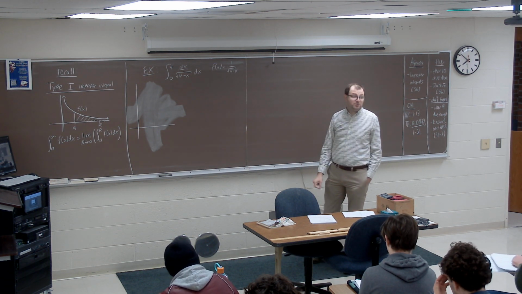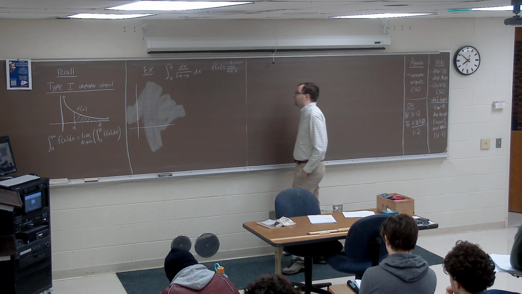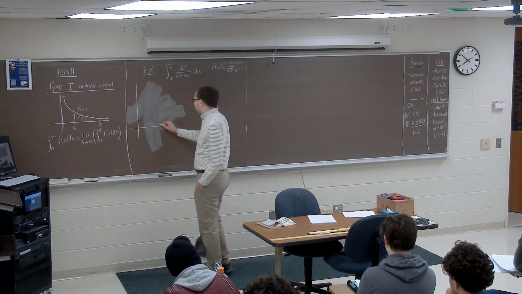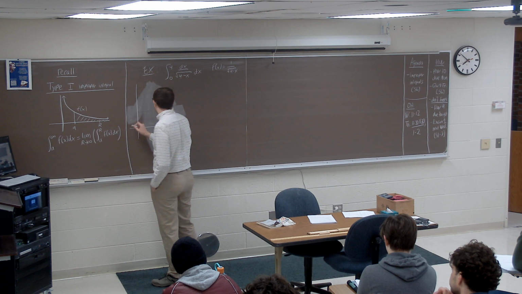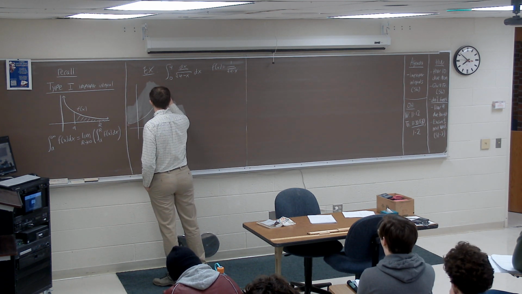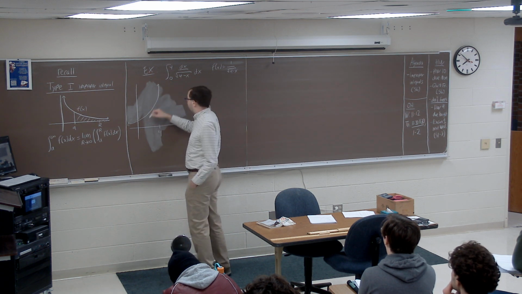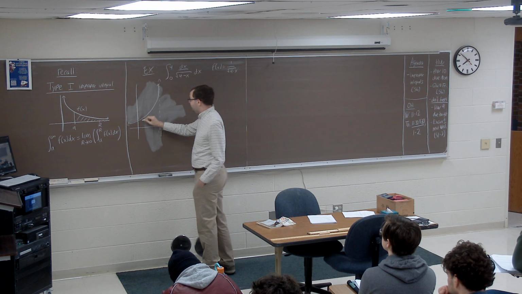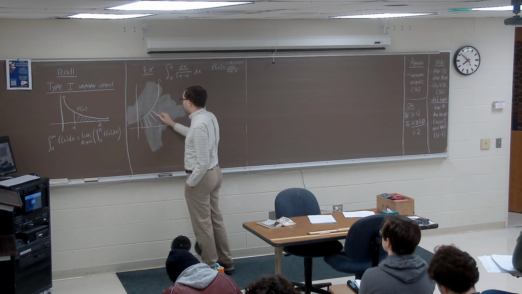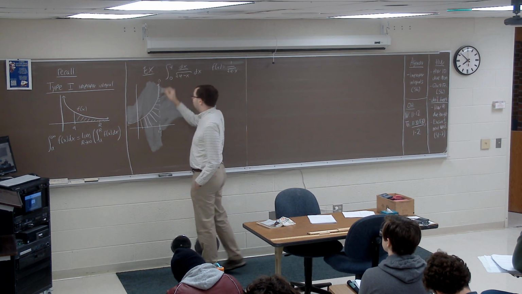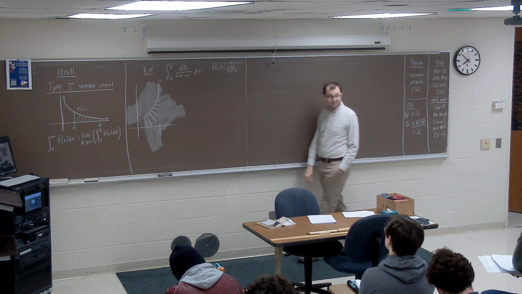F of any number between 0 and 4 is fine. F of 4 is 1 over 0, undefined. And in fact, if we try and graph out what this function looks like, we end up with a region that we're trying to find the area of that looks like this.